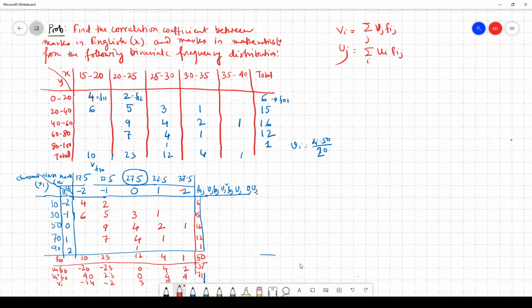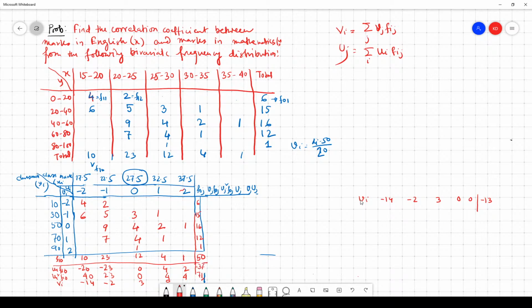So I write this column here, vi, minus 14, minus 2, 3, 0, 0. And the sum of this portion is minus 30. It's a sum. Okay, this entry.